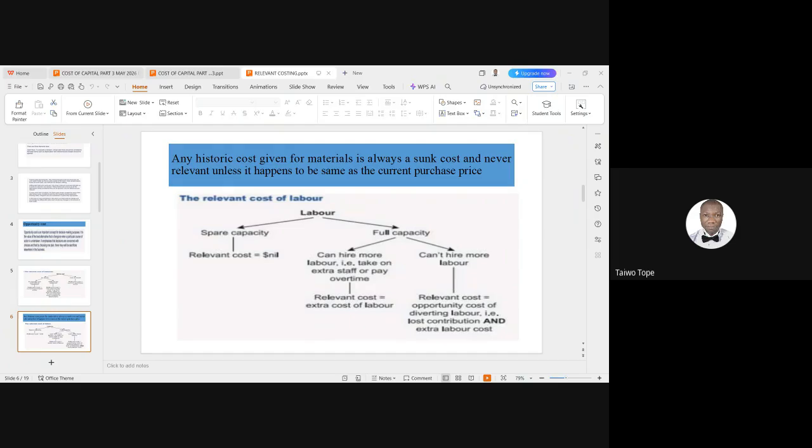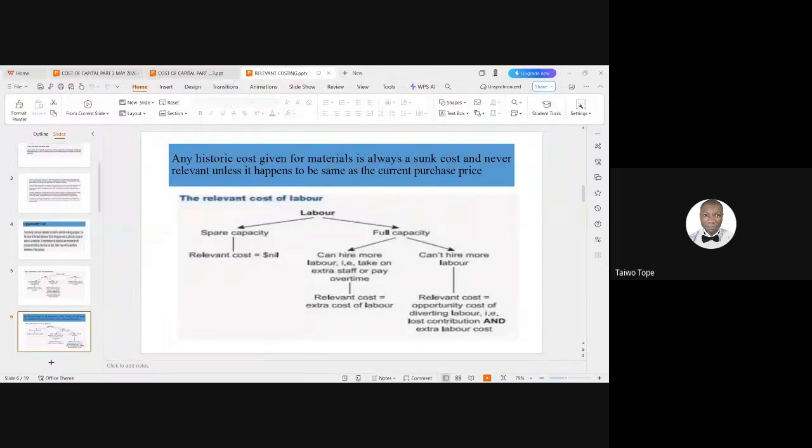Okay, though your audio is not clear, if I get what you're saying, the lost contribution will be the lost profit that these workers would have enabled Department A to achieve, but they are not achieving it because they are not there.